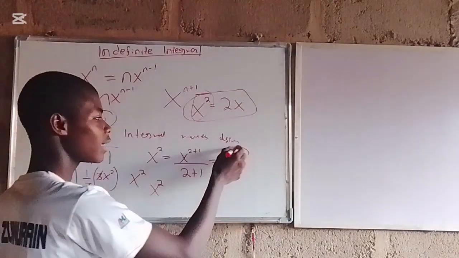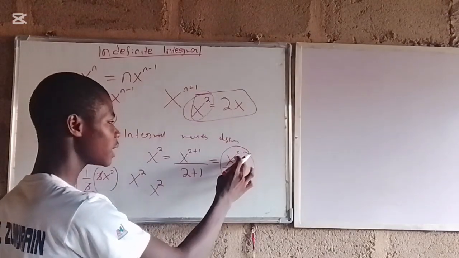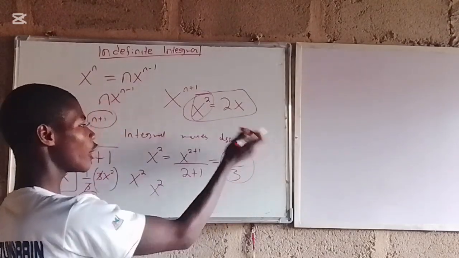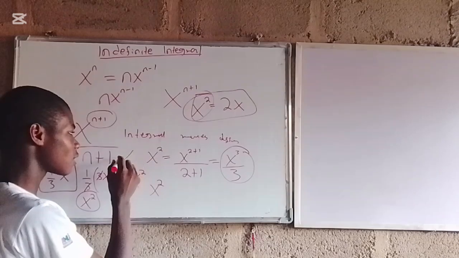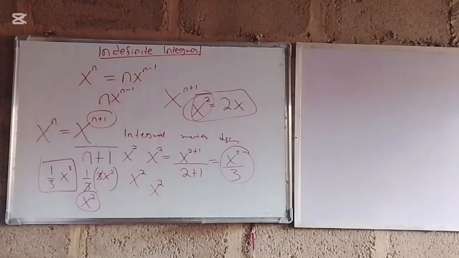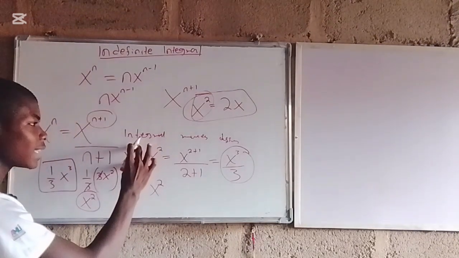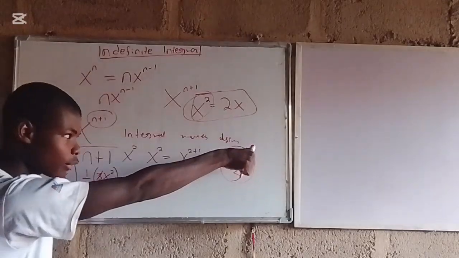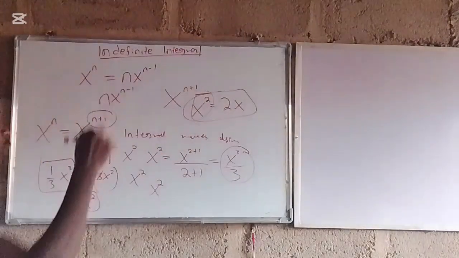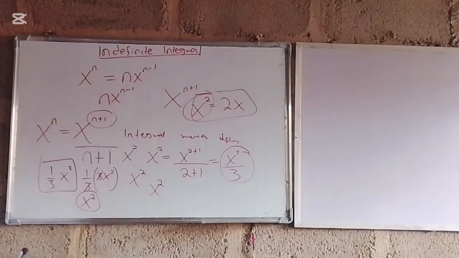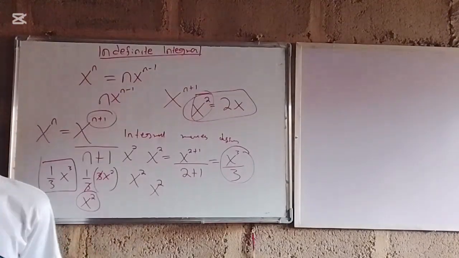When you differentiate it again, you're going to get your final result as x squared. And if you integrate this again, you will get this. If you differentiate this again, you will get back to this. So this is the difference between integration and differentiation.